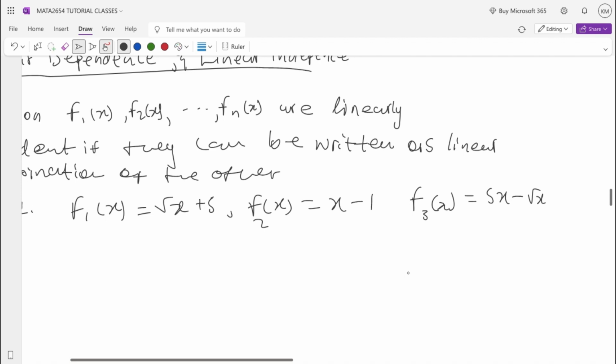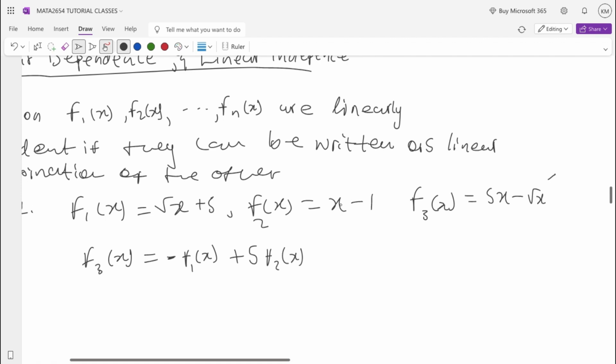Then we can say f3 of x can be written as minus f1 of x plus 5 f2 of x.